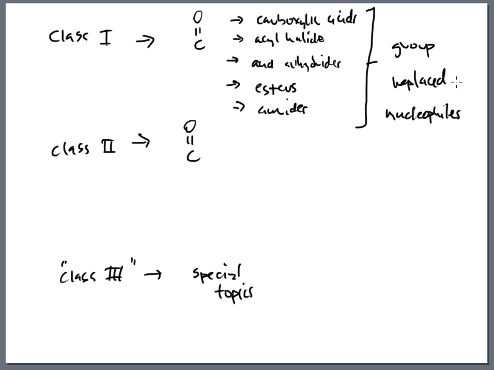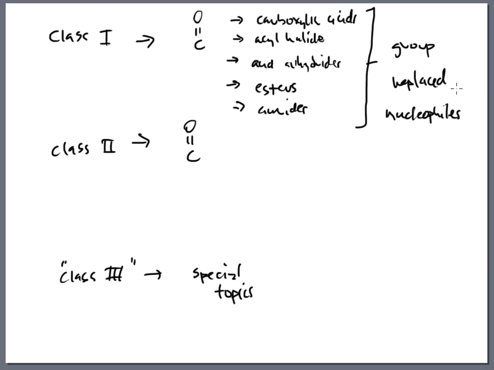So that must be different than Class 2, and it is. And I'm not going to go into Class 2 right now. We already have enough on our buffet plate of carbonyls. So, Class 1: carboxylic acids, acyl halides, acid anhydrides, esters, and amides. All of those will undergo reactions where a group is replaced by a nucleophile.